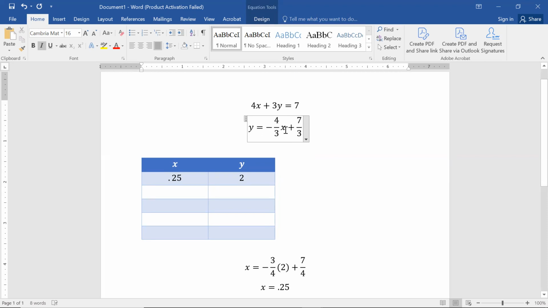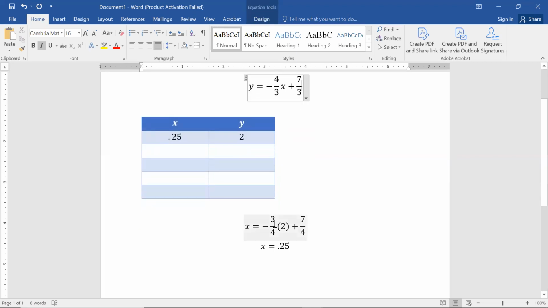And then you would notice that if you plugged in an x of 0.25, you'd get a y value of 2. I think I'm going to deal with it this way, with y equals negative 4/3 x plus 7/3, because that's the typical way people deal with it. People usually solve for y because now my line, as we'll see in the next video, is in slope-intercept form. So if you plugged in a 0.25 for x, you'd get a 2.